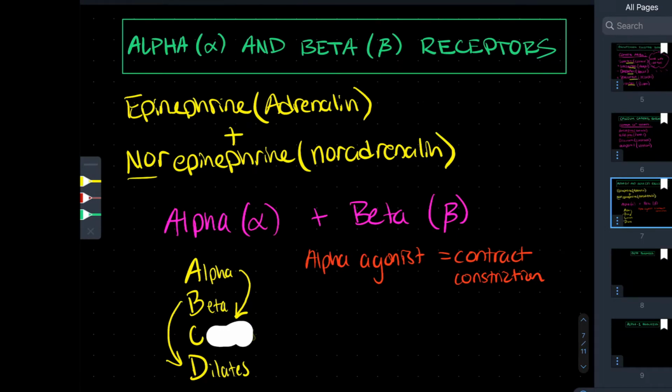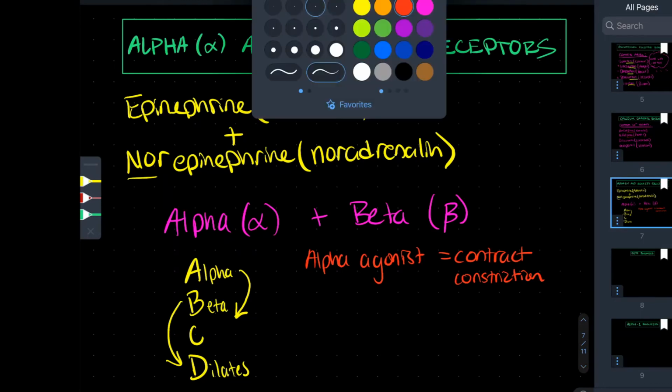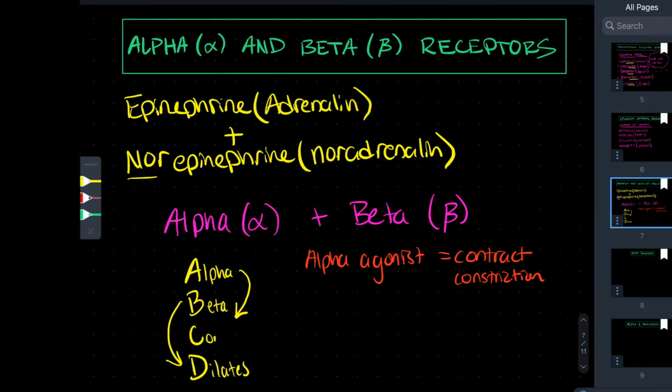I should actually say more specifically constriction, like when we're talking about blood vessels. So yeah, an alpha agonist is going to constrict.